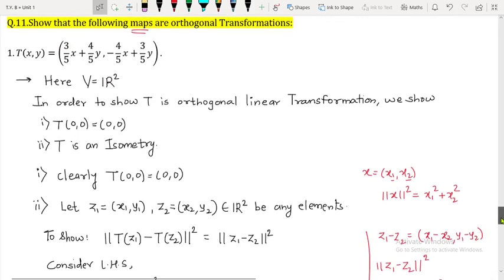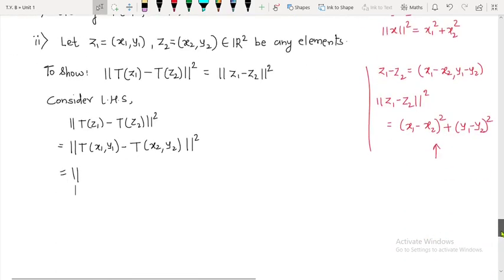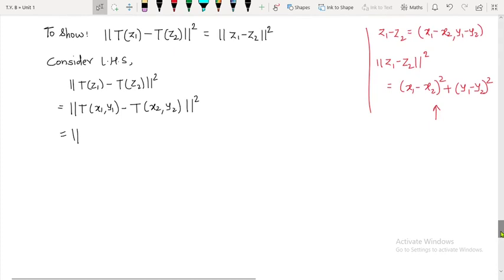T of (x, y) is 3 upon 5 x plus 4 upon 5 y, so 3 upon 5 x1 plus 4 upon 5 y1, comma, and over here what is the second coordinate?